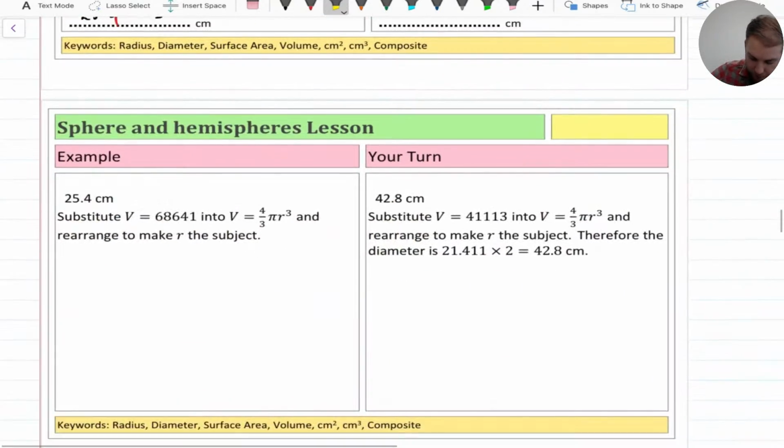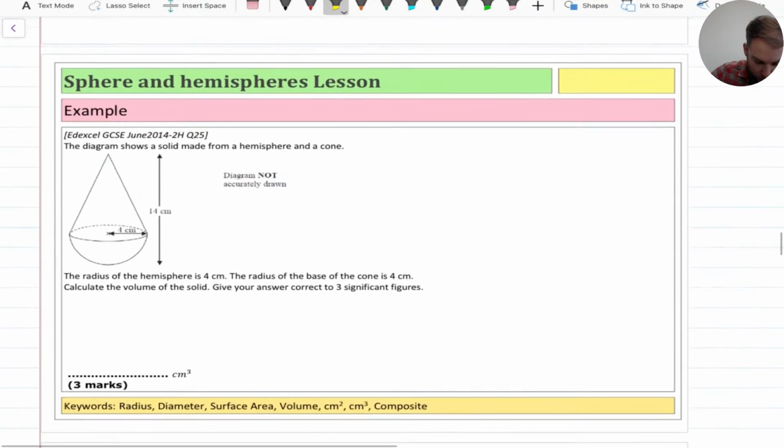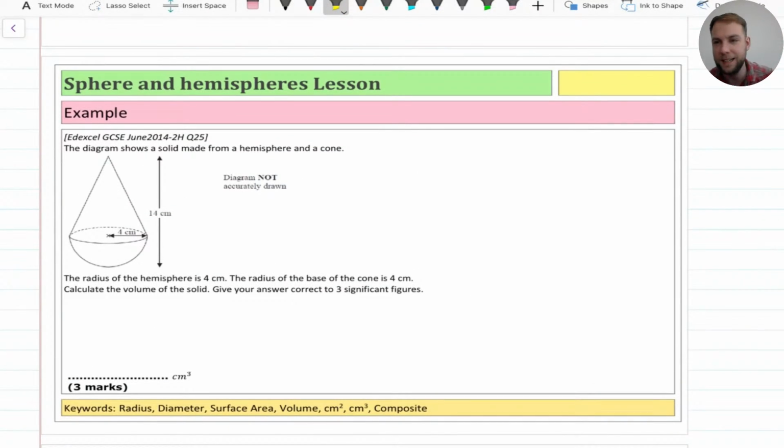Okay. Here we go, we've got another question here. This is linking to what we did previously, which was volume of a pyramid. So, I'll show you how to draw this one. Very similar to the last time.